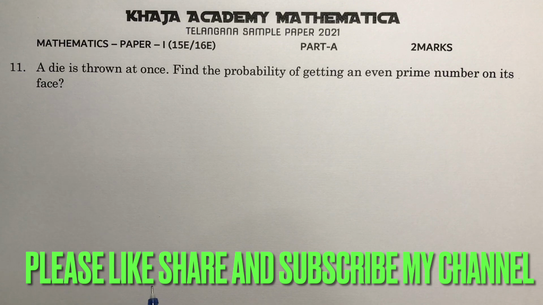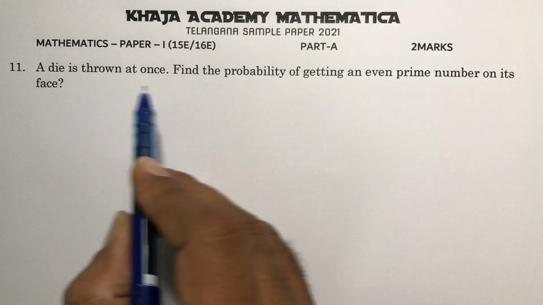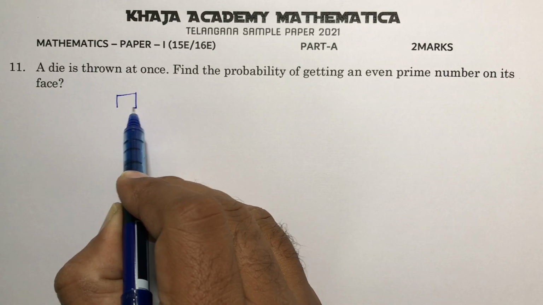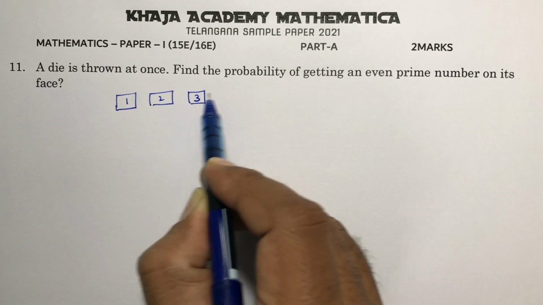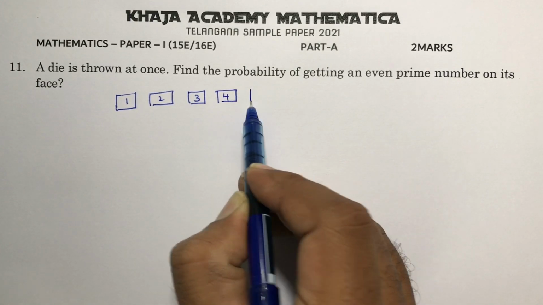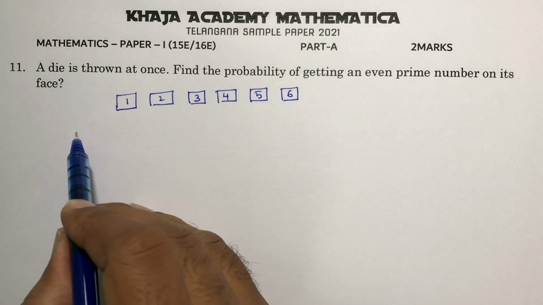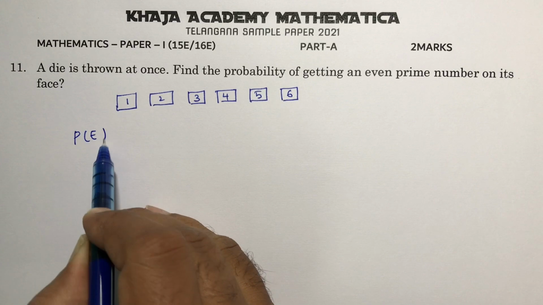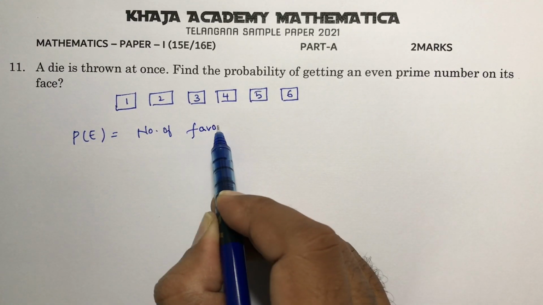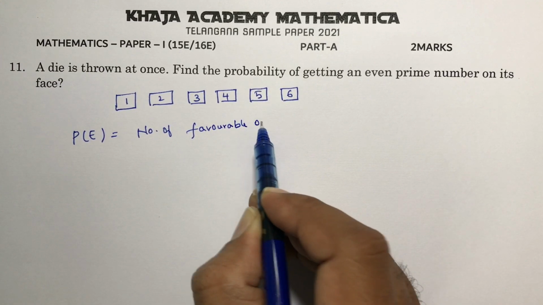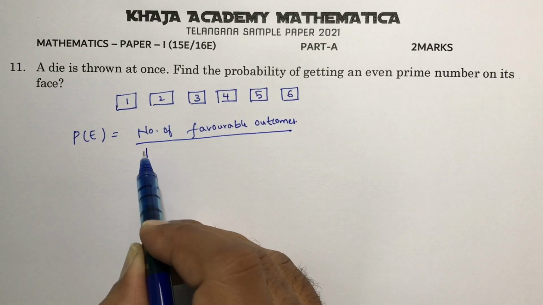A die is thrown at once. Find the probability of getting an even prime number on its face. So the possible outcomes when a die is thrown, you may get 1, 2, 3, 4, 5 and 6. So probability of an event formula is number of favorable outcomes by total number of outcomes.